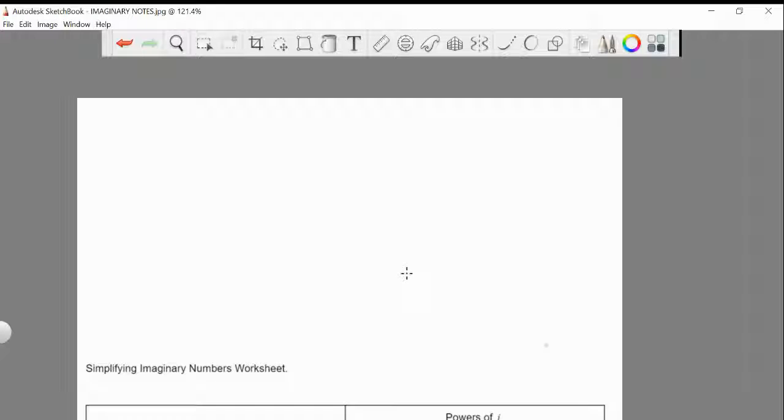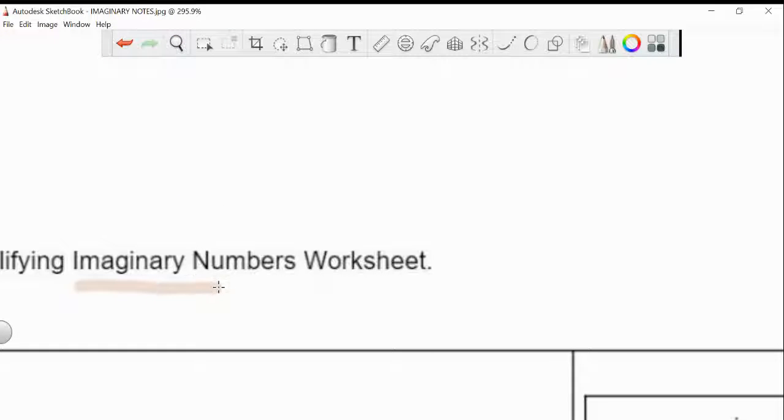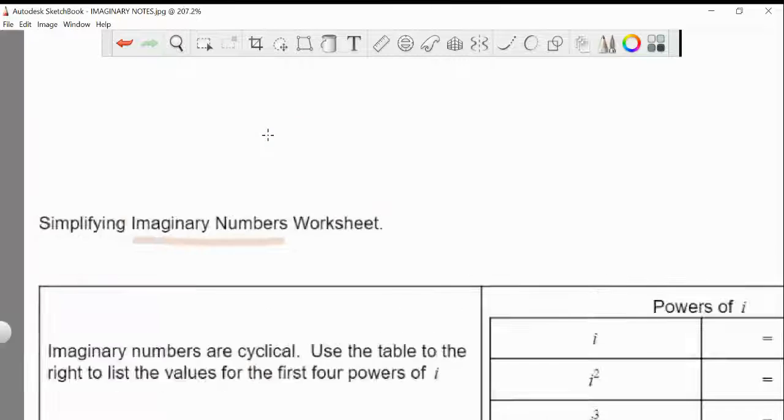Welcome, everybody. Good morning. The plan today is we're going to talk about something that is every Algebra 2 student's least favorite subject, which is a bummer because it's so easy and so simple in a way. But we're going to be talking about imaginary numbers, which is definitely a little cringe in a way, right?